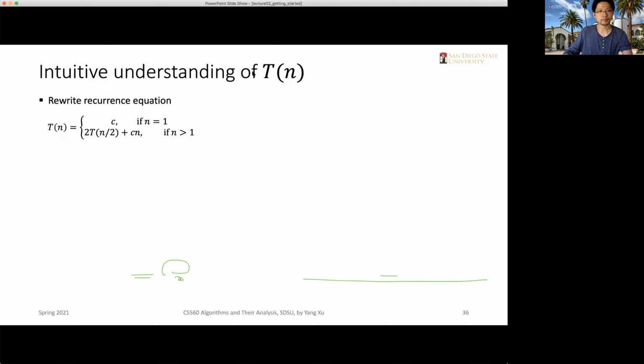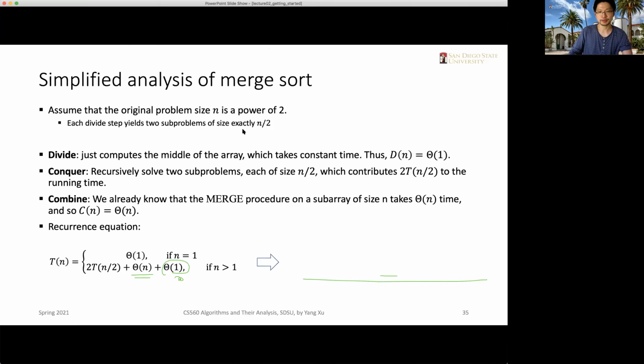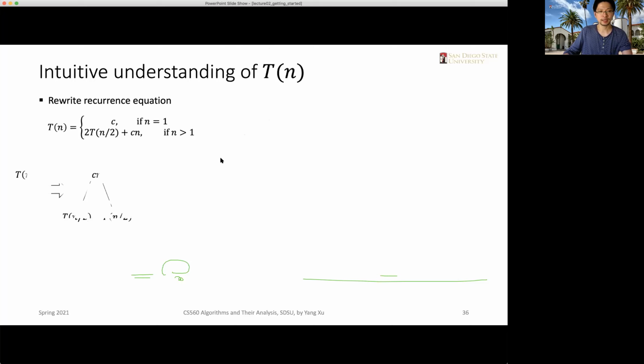There's still a big theta in the equation, right? Then we can get rid of it by assuming that it can be written by some constant c and a simple linear function c times n. And c is just some constant we can imagine, right?